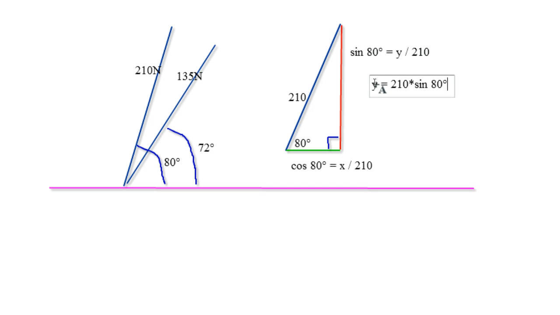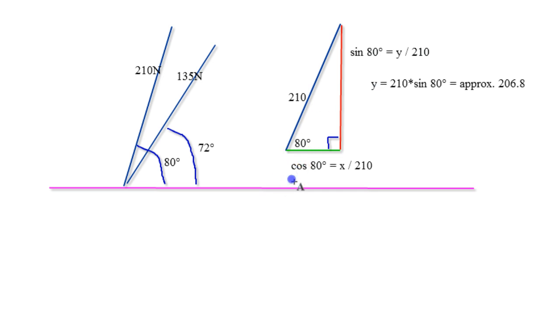So 210 times sine of 80 is going to equal approximately 206.8. And that's just going to be the vertical component.